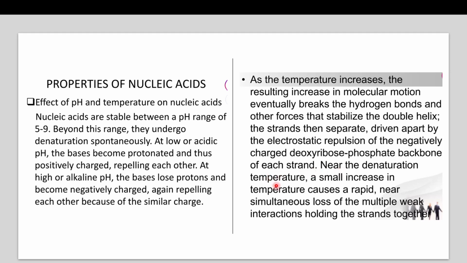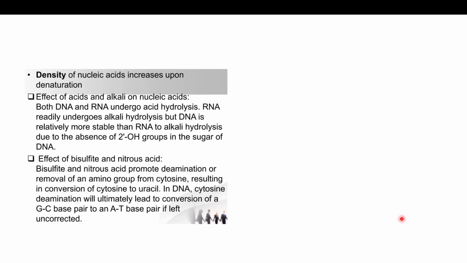Near the denaturation temperature, a small increase in temperature causes a rapid, near simultaneous loss of multiple weak interactions holding the strands together. Okay. And definitely when nucleic acids denature, especially DNA, RNA can be single stranded or double stranded as well. So the density of nucleic acids increases upon denaturation.